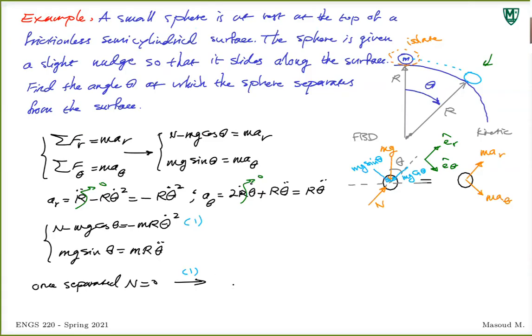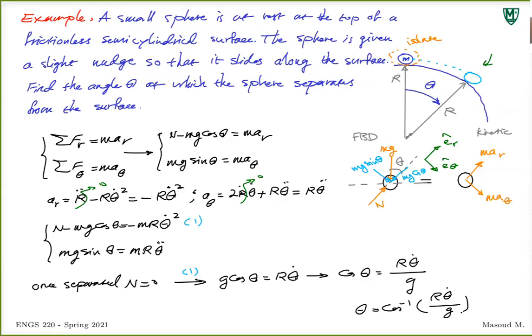From the first one, you will get g cosine theta is equal to r theta dot squared. And from there, you can actually find theta. So cosine theta is r theta dot squared over g, and theta becomes cosine inverse of r theta dot squared over g.